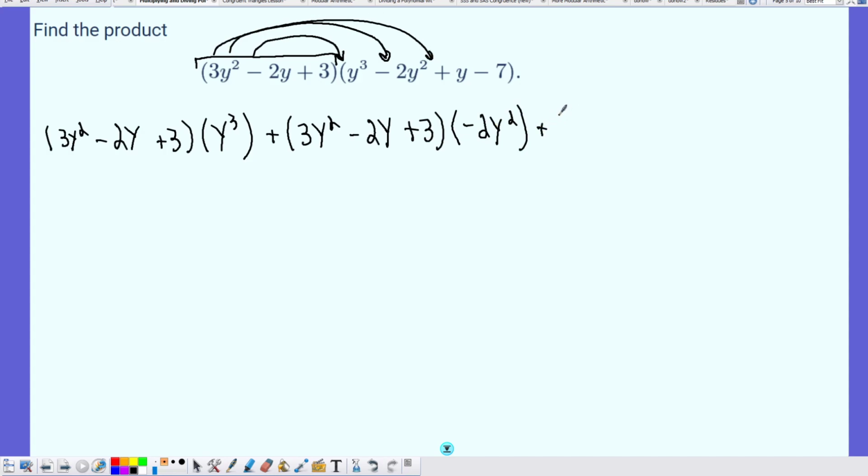So plus, again, 3y squared minus 2y plus 3 times just y, and plus, I'm running out of room, again with the negative 7. So 3y squared minus 2y plus 3, all multiplied by negative 7.